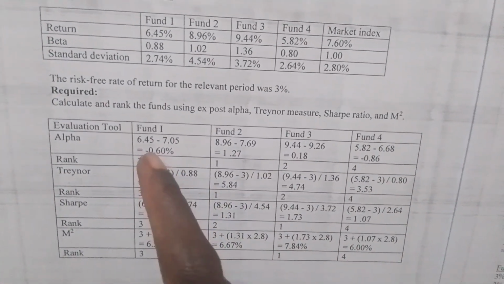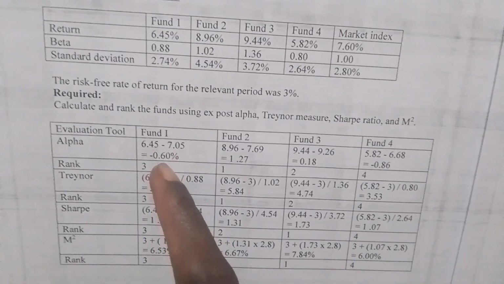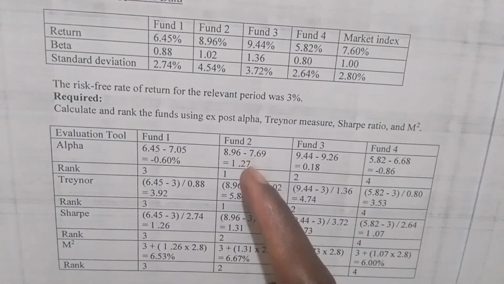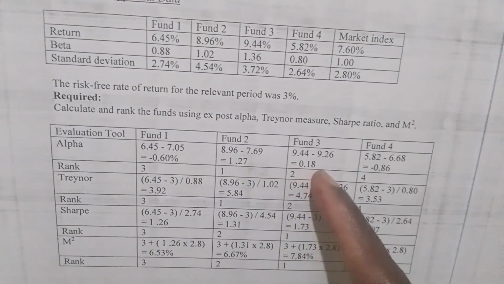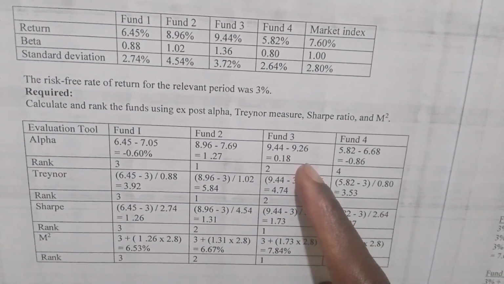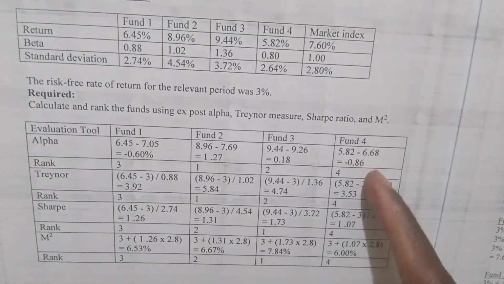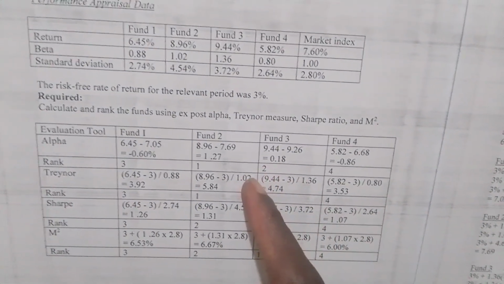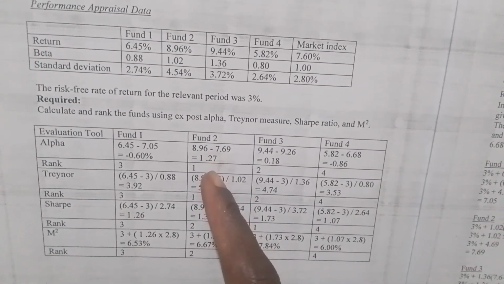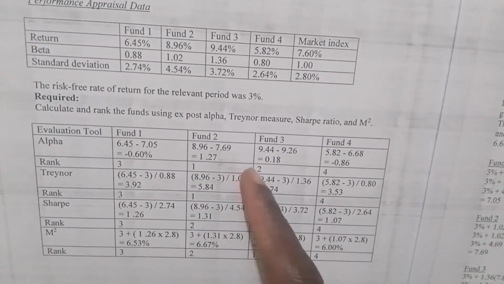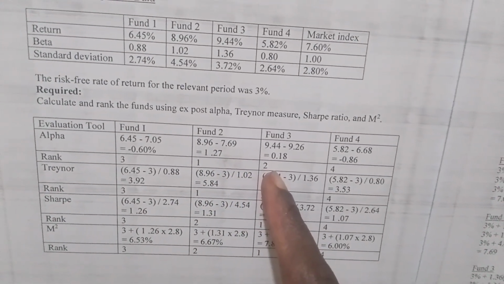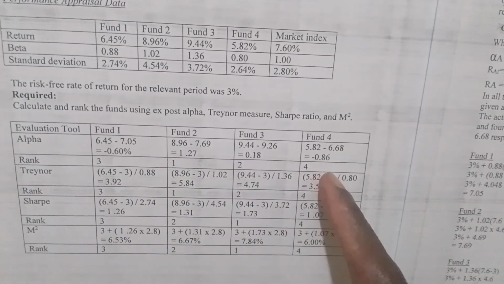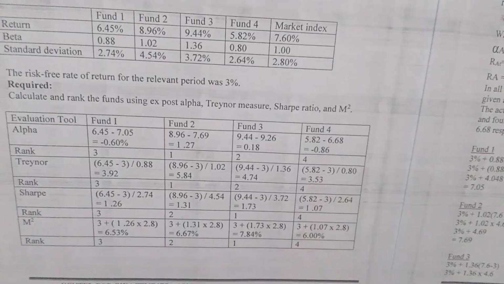That is very clear. So alpha for fund A, negative 0.60%. For fund B, 1.27. Fund C, 0.18. And fund 4, negative 0.86. Ranking them, you start with the highest. Fund 2 is ranked number 1, followed by fund 3, followed by fund 1, and the last is fund 4.